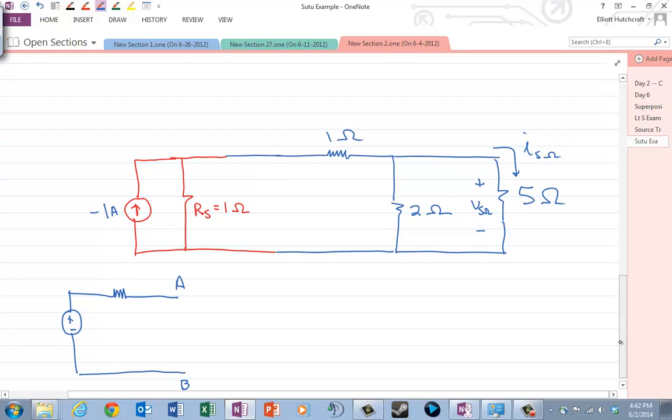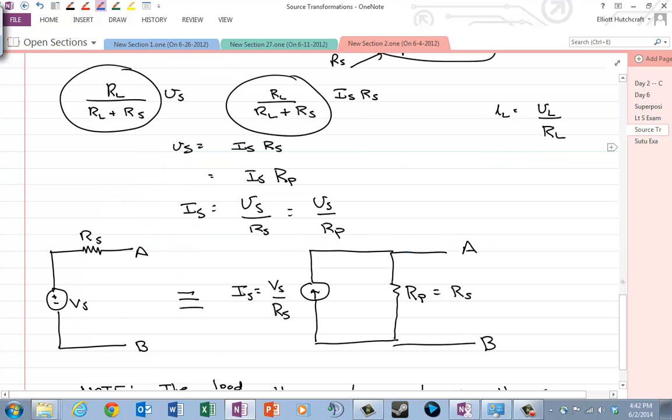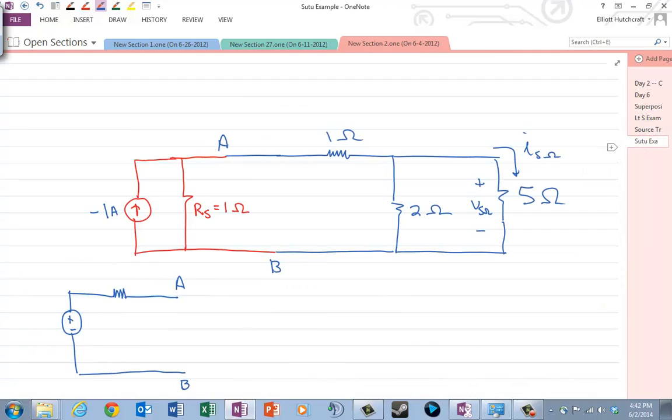Okay, so if I have this A and this B, and I want to convert it back into a voltage source and series resistance, my voltage source value, going back and looking at this, if IS is VS over RS, then VS needs to be IS times RS, or IS times RP, whichever one you want to say.